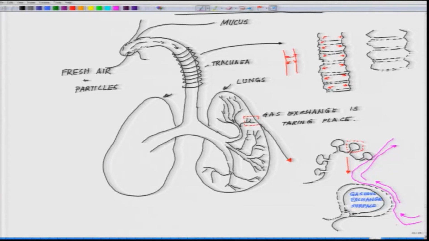Now, the blood which is coming as the arrow approaches this gaseous exchange surface is rich in CO2, and the blood which leaves this spot, out here in the vessel, is rich in oxygen or O2.